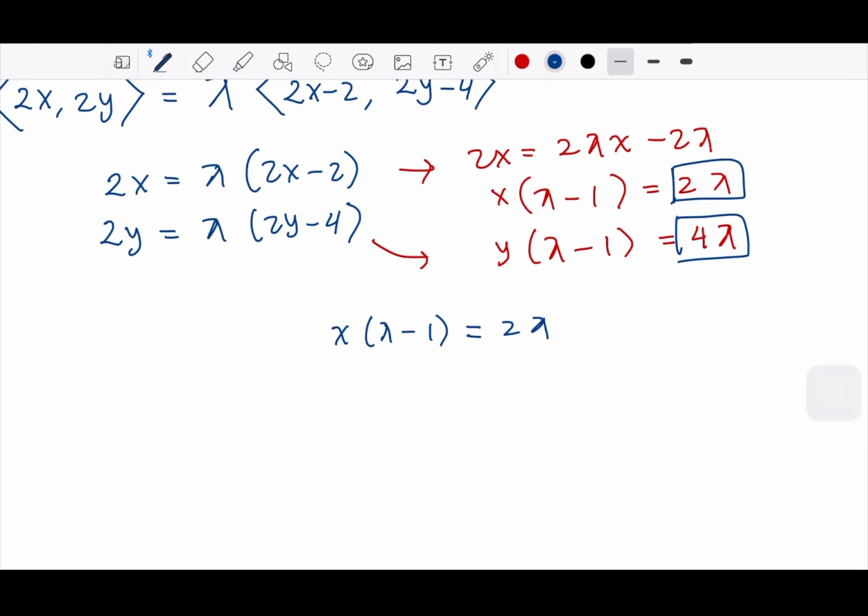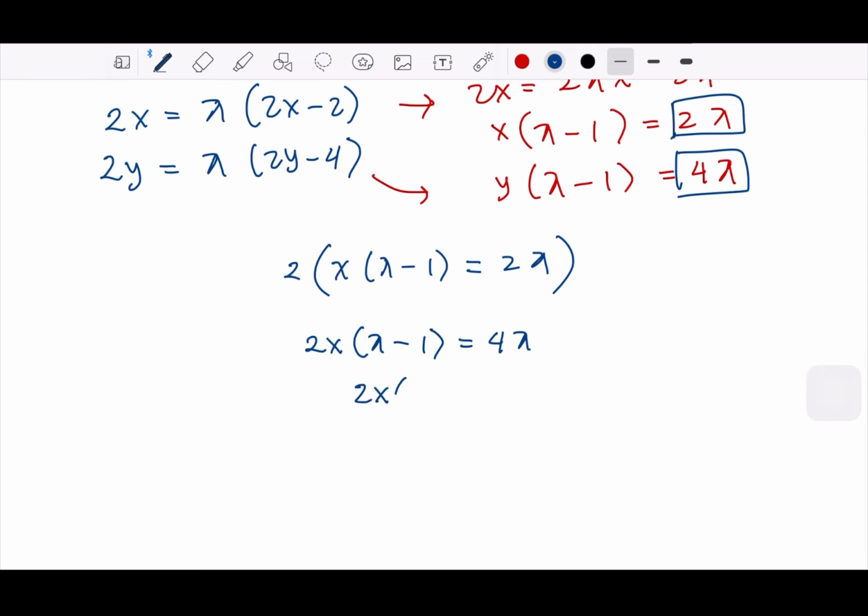So we can write down that this 2 lambda, if we multiply this by 2, so 2x lambda, and this is 4 lambda, we can write down the equation as y(lambda minus 1).